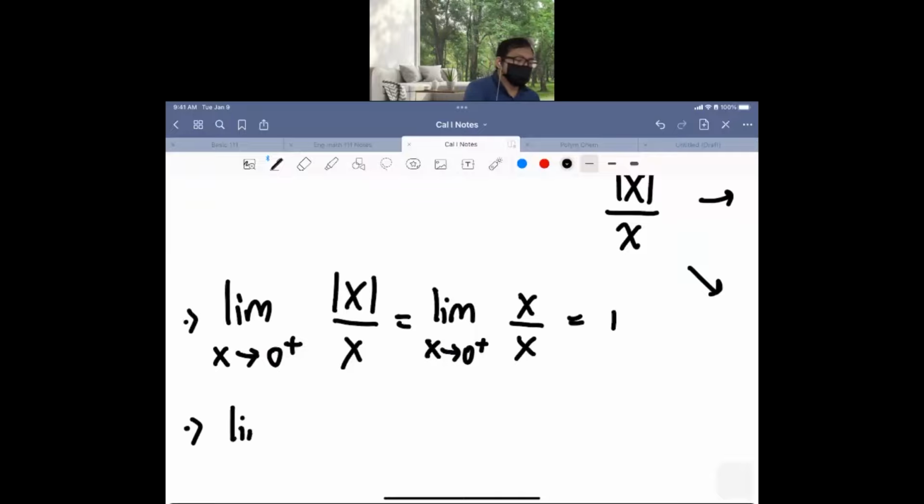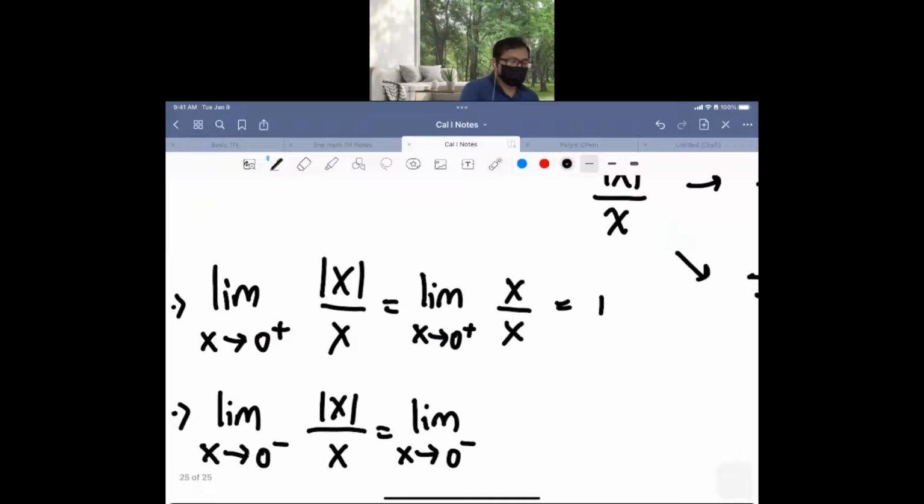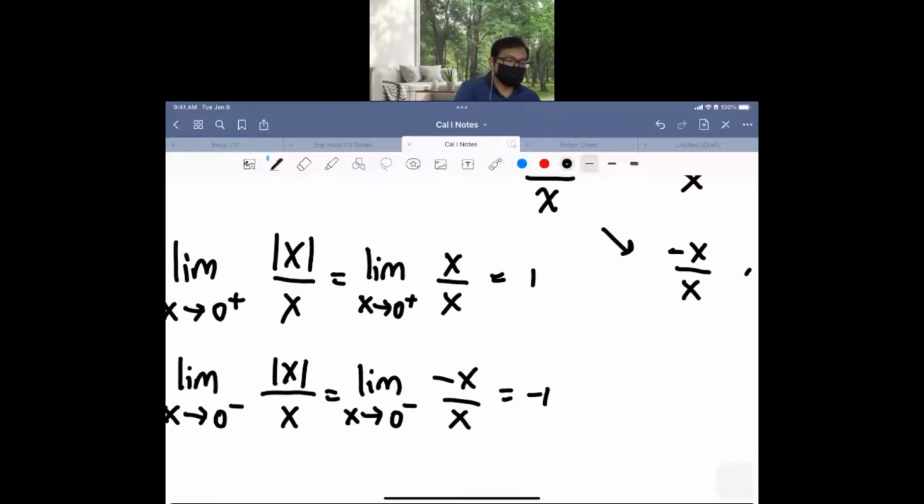And if we have the left-hand limit, this will be negative x over x, which is negative 1. And what is our conclusion? Because it has differences in the left and right limits, the limit doesn't exist.